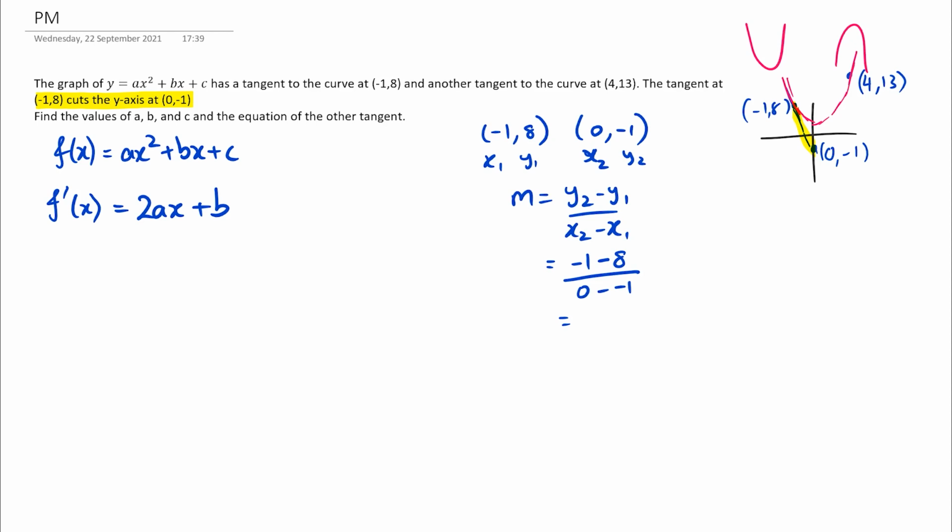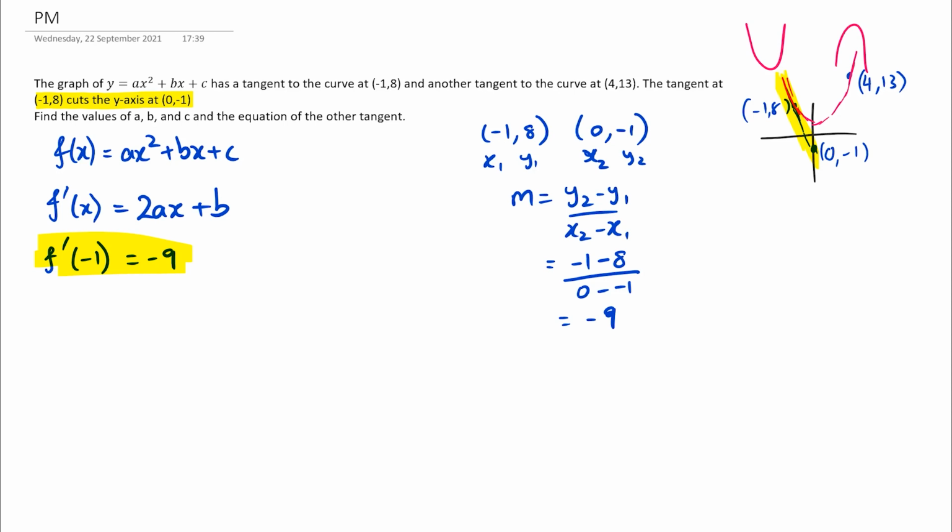I've got -9 over +1, which gives me -9. So f dash of -1 is equal to -9, and that's what I've highlighted in yellow on the diagram. The gradient of that yellow line right here is -9.